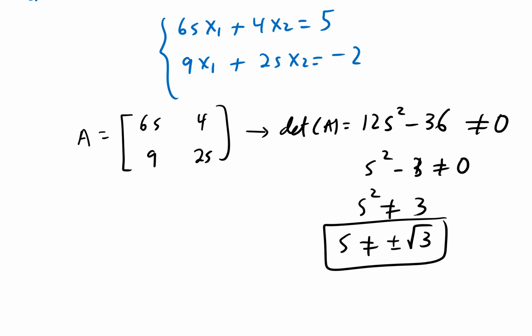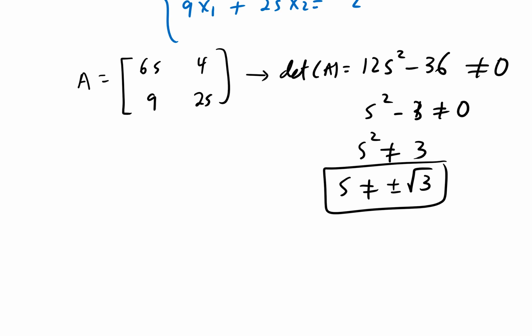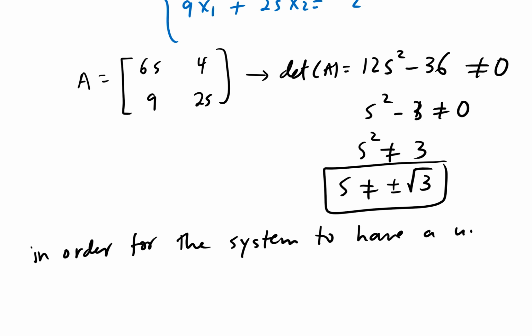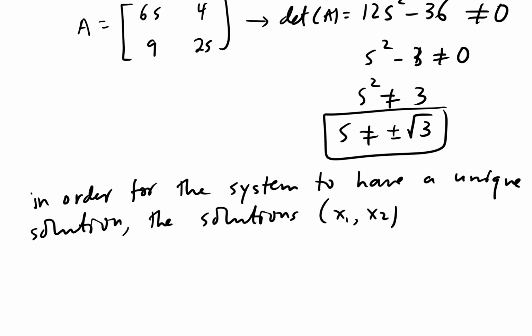Now they said use Cramer's rule to solve this system. So we say in order for the system to have a unique solution, the solutions x1, x2 can be calculated as I showed you before.